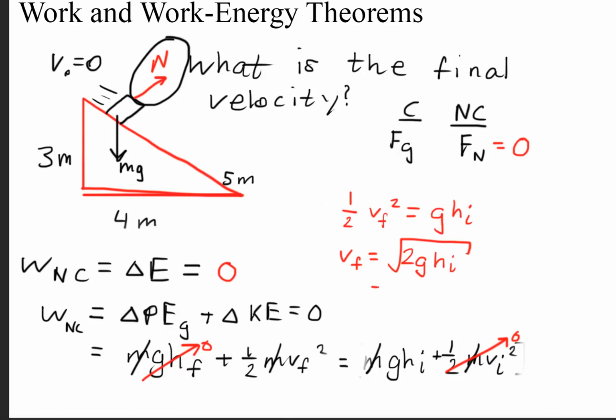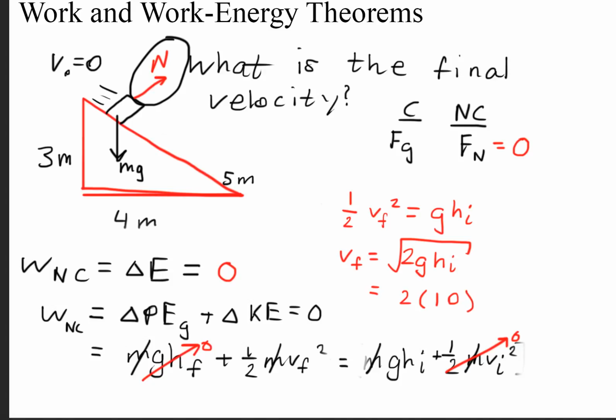And lastly, plug in your values. So you have 2. I like to use 10 meters per second squared for my g value for gravity. However, you could use 9.8 meters per second squared. It depends on what is expected or what is required. In this case, I'll just use 10 for simplicity.